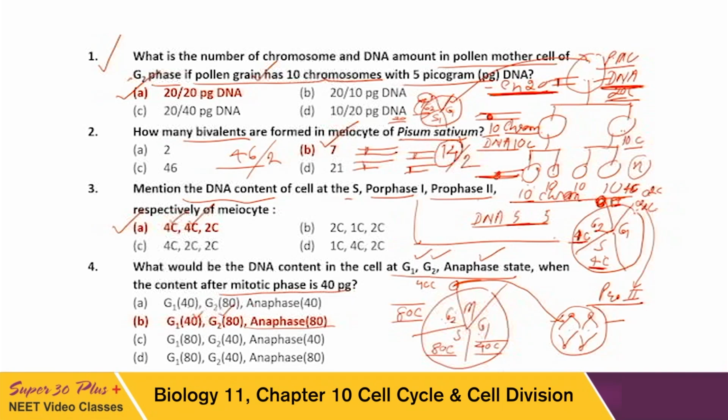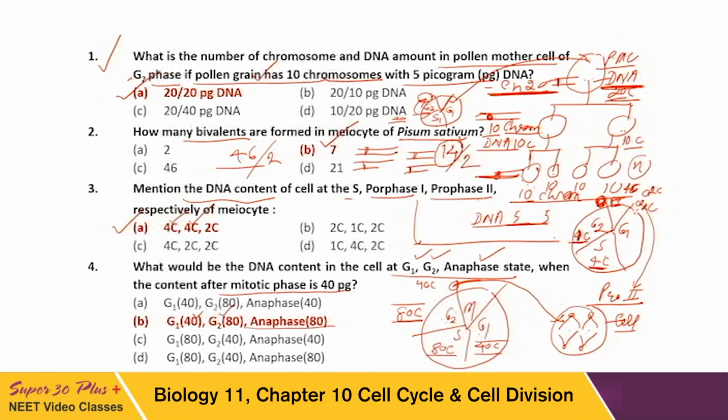We are asking about this cell. No doubt, out of this 80, 40 has gone to this side. When will that be counted? That will be only when there will be cytokinesis. But by now in anaphase, the amount of DNA will remain as it is.